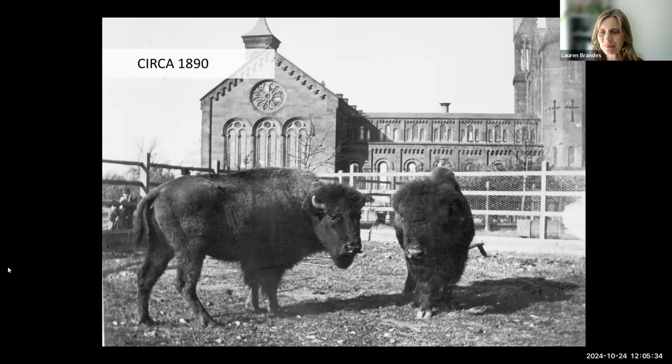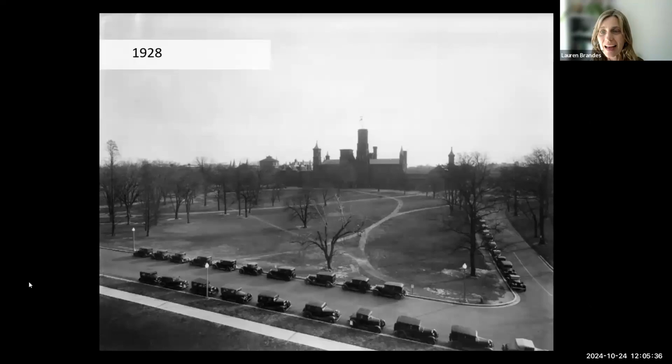Next slide. And then here is a picture from the other side of the castle, from the mall side on the north side, looking back towards the castle building. The Freer Gallery of Art was opened in 1923, so 5 years before this picture was taken. Off to the far right of the picture is where you can actually see a little bit of that building structure.